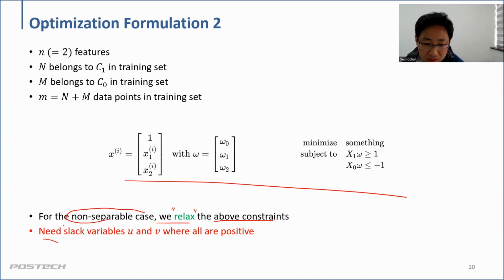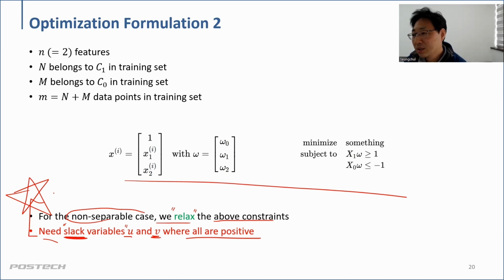We need slack variables. Probably for most of you this is the first time you've heard of slack. We have to introduce other decision variables, U and V, where all of them are positive. Those are the key things. I'm going to show you in the next slide.